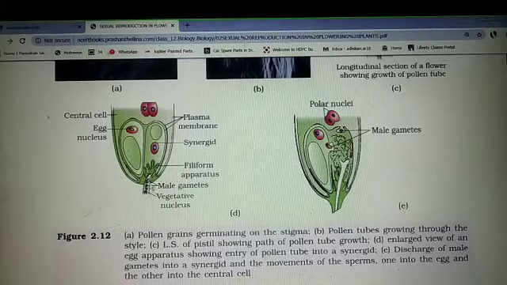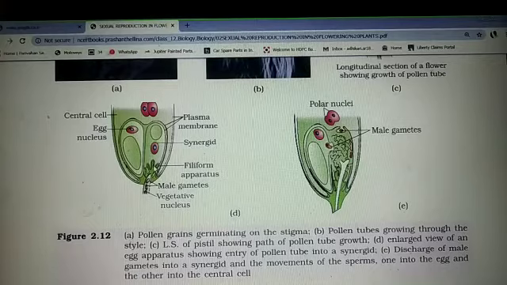So what happens? The pollen tube enters one of the synergids with the help of the filiform apparatus present at the micropylar end, and this filiform apparatus directs the growth of the pollen tube by secreting some chemicals.